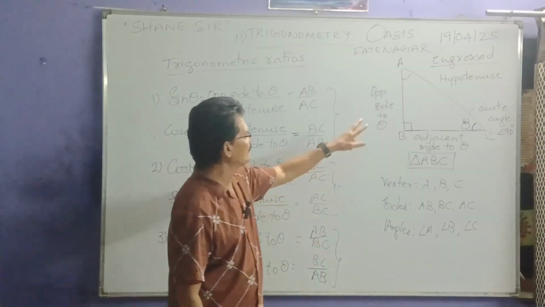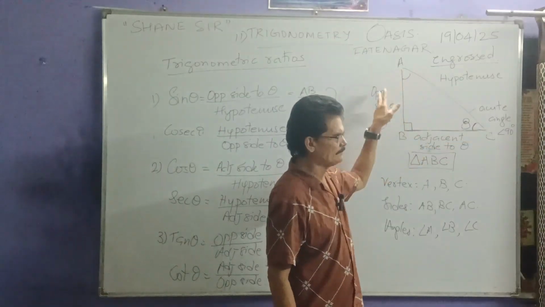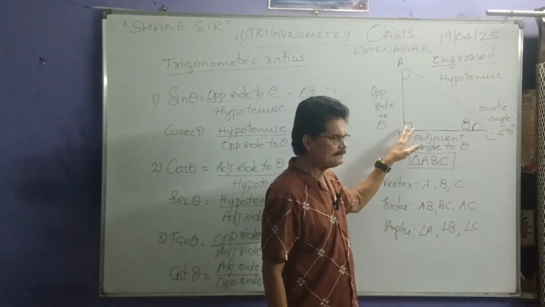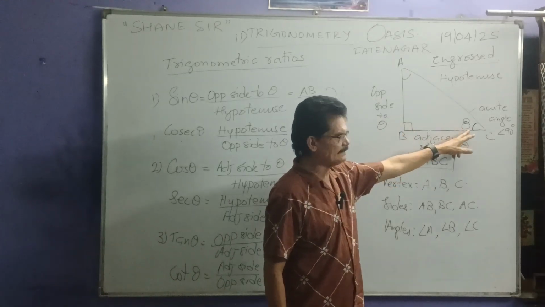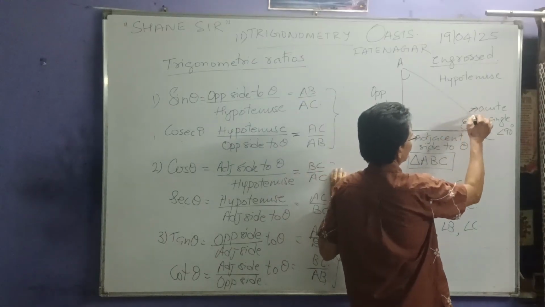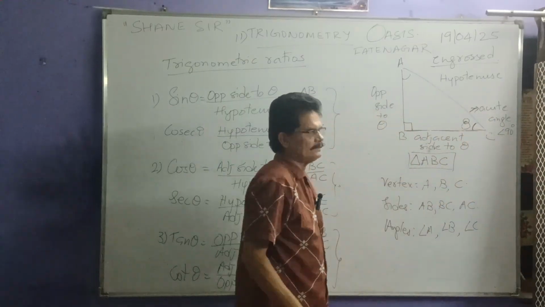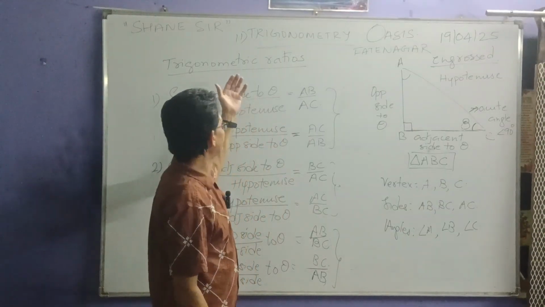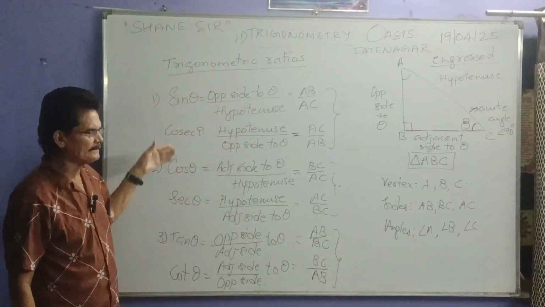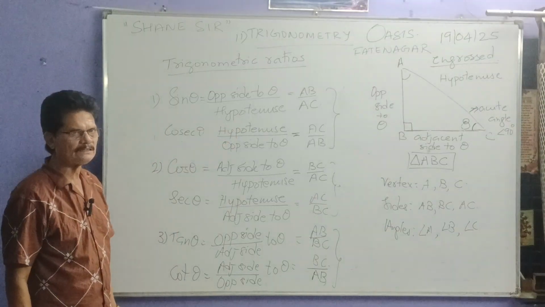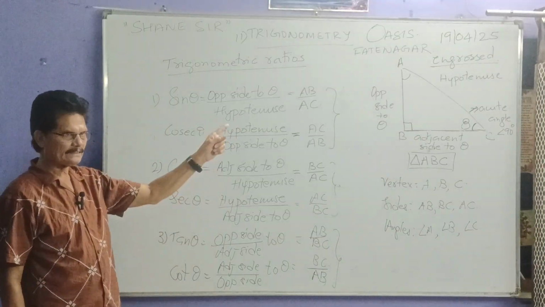Now this is the right angle triangle ABC. B is 90 degrees, and theta is the acute angle, below 90 degrees. All the trigonometric ratios, there are 6 trigonometric ratios, are defined on the acute angle. The acute angle is theta.